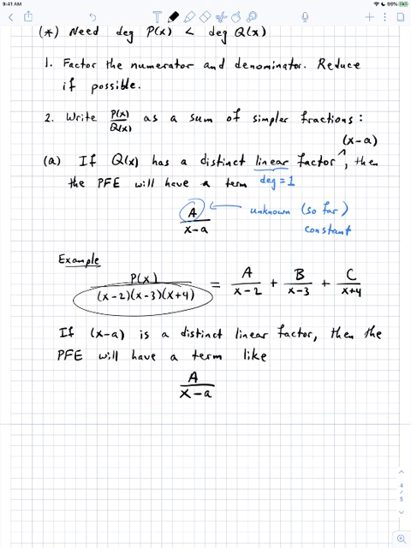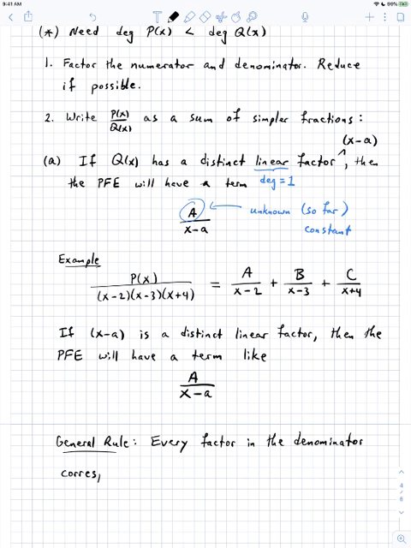If you have 3 terms, so general rule here. Let's write it this way. Every factor in the denominator corresponds to a term in the partial fractions expansion.